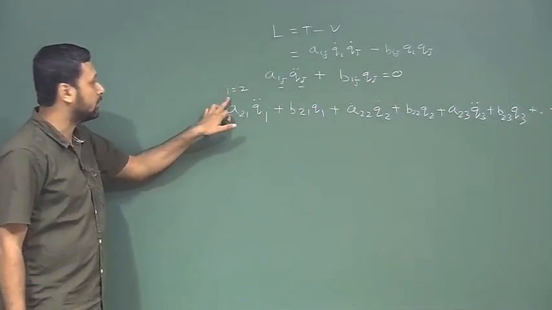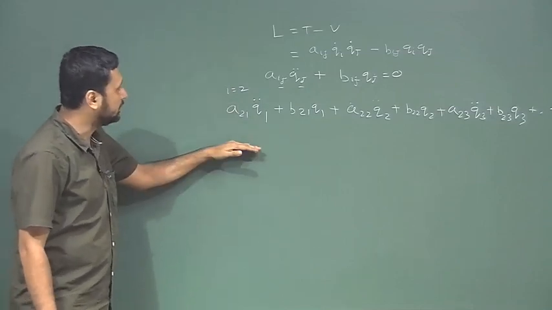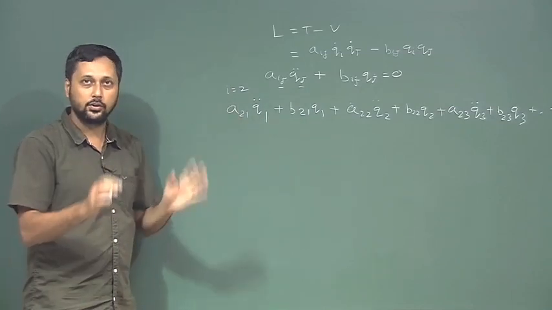I have just written one for i equal to 2. Similarly, for i equal to 1 there will be one equation, for i equal to 3 there will be another similar equation, and so on and so forth.